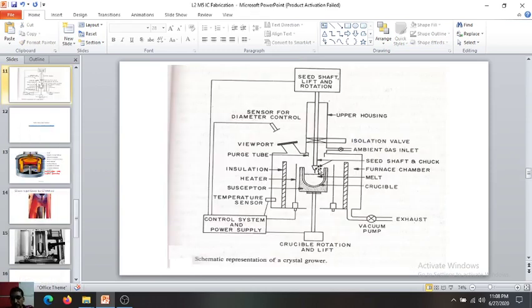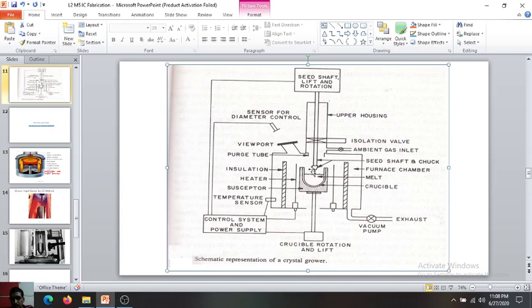Here, just in the middle, this is the seed crystal, onto which we will take out the purified silicon to form a large cylindrical ingot structure. How does this happen? Let us see another diagram. With the help of this, it will be clear to you.